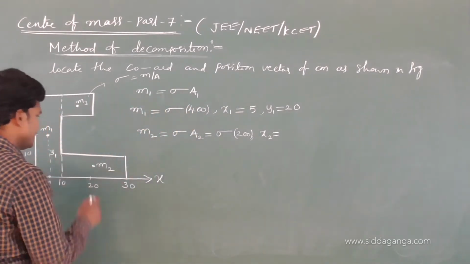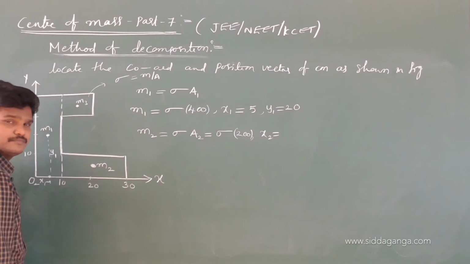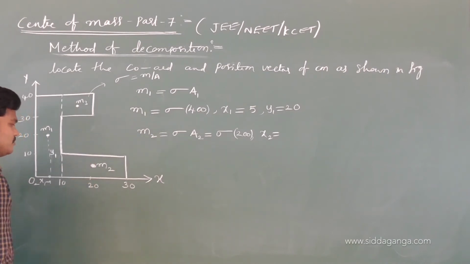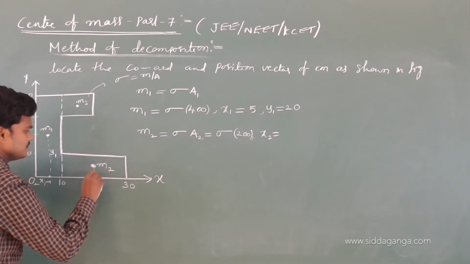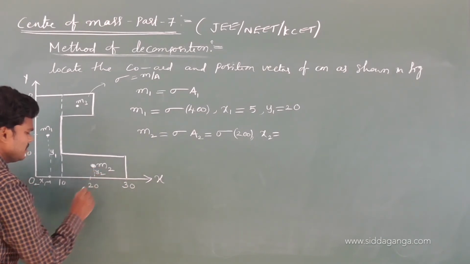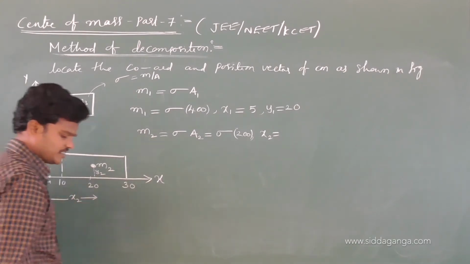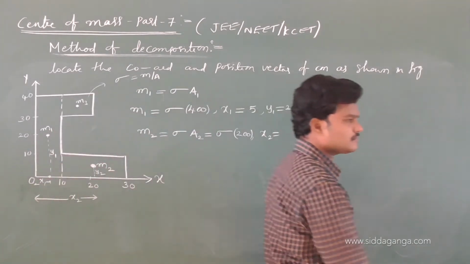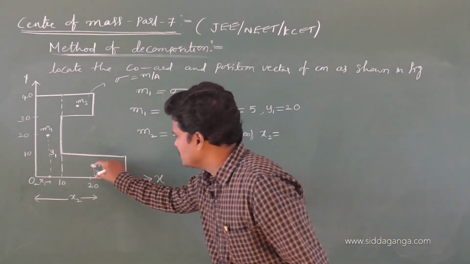Coming to x2. Decide x2 and y2. y2 is very clear. This is the height, 5. This is y2, and x2 is this much. y2 is how much?